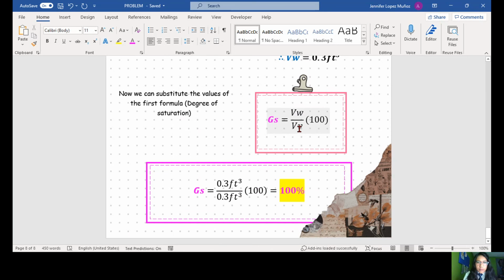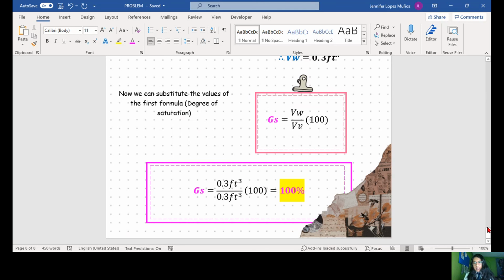The degree of saturation equals water volume divided by void volume times 100.